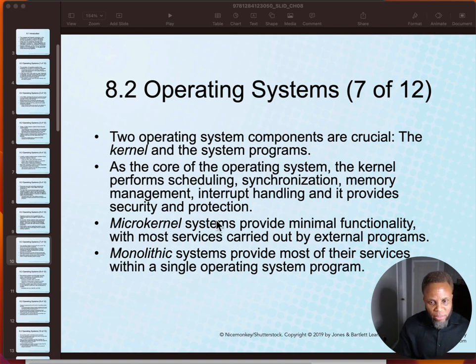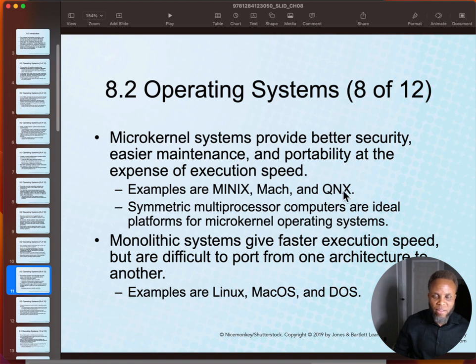Now, there are two types. There's the microkernel, which provides minimal functionality with most services carried out by external programs. And then you have the monolithic systems that provide most of the services within a single operating system. So microkernel would be, let's say, stuff like Unix.